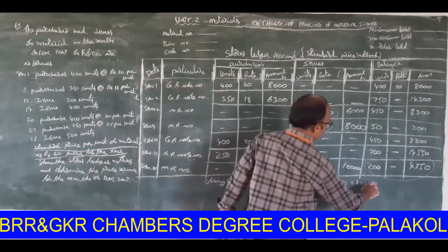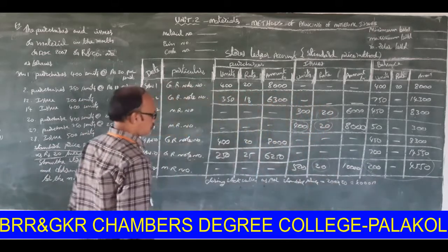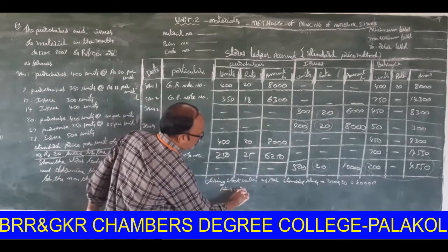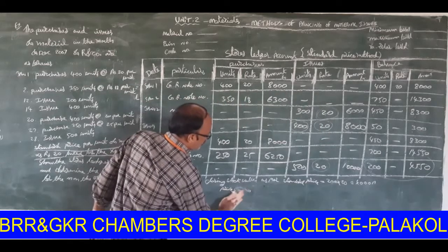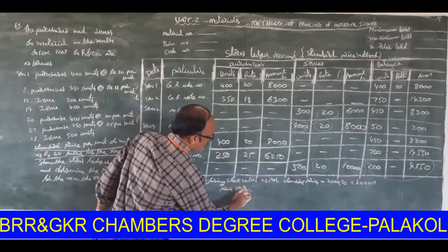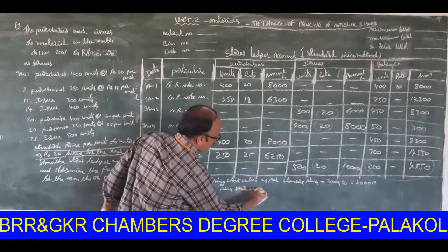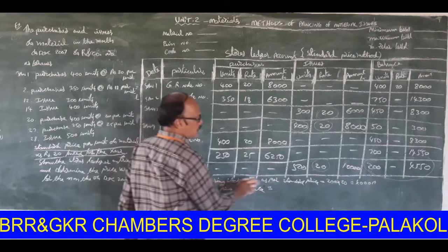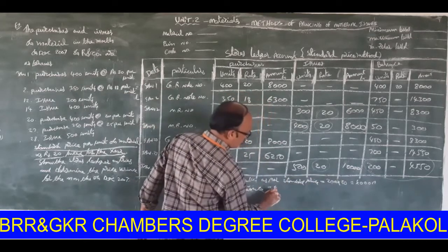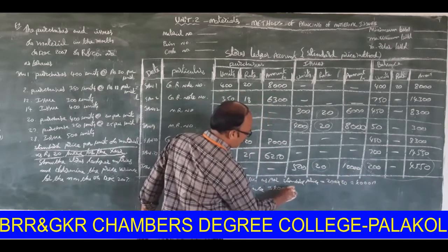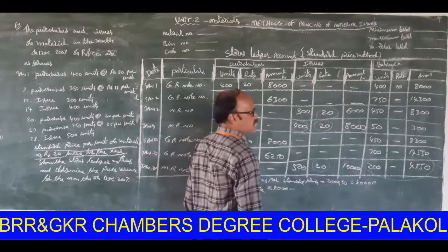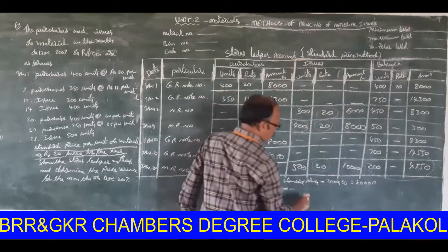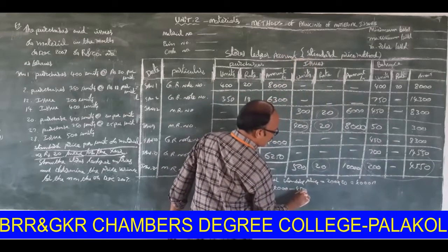Okay, but price variance. Price variance is equal to closing stock value as per standard price, 4,000, minus the actual closing stock value as per stores ledger account, 4,550.